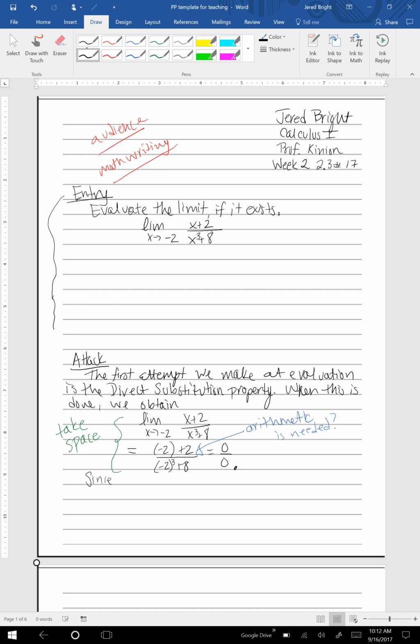Since this is undefined, we need to explore other algebra routes to evaluate.